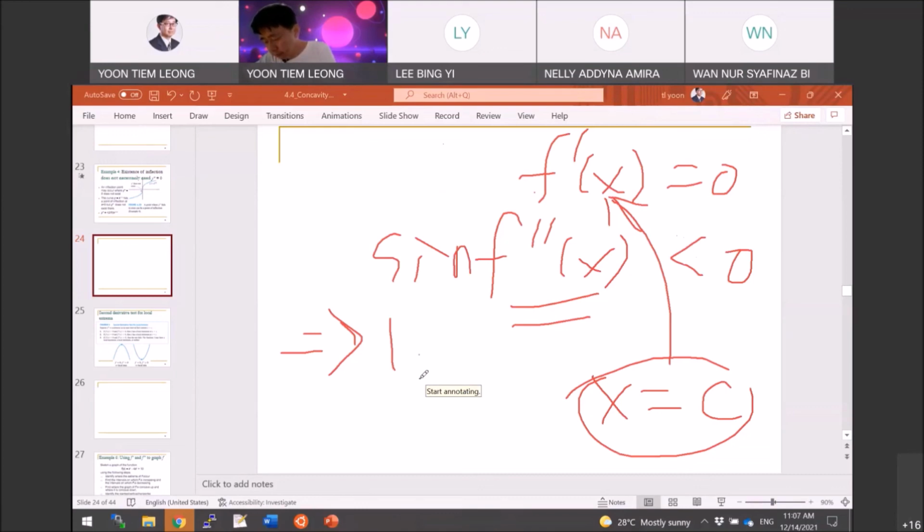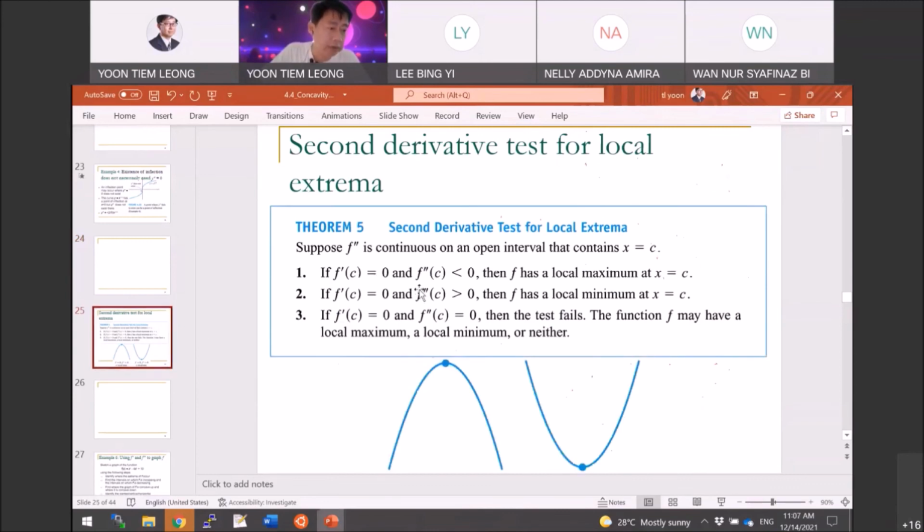This is a very simple calculation that allows us to check whether a point is a local maximum or local minimum.